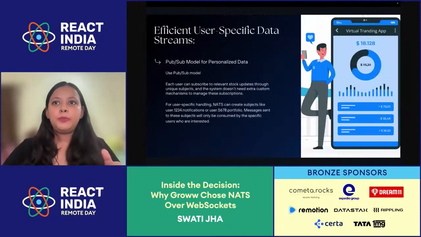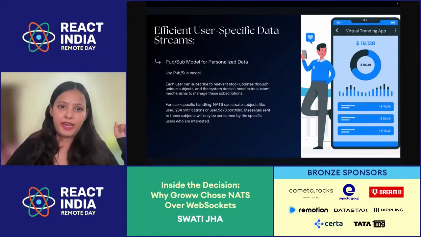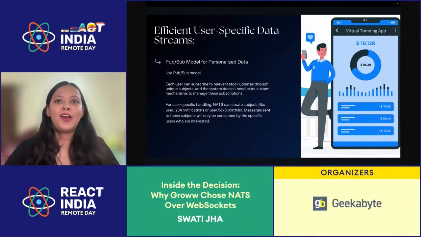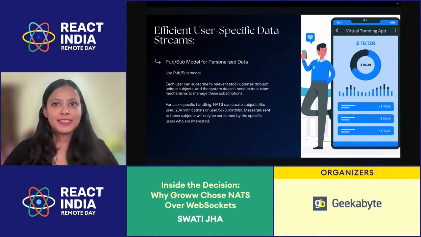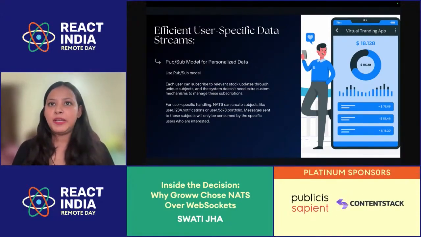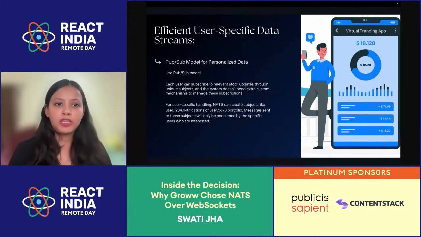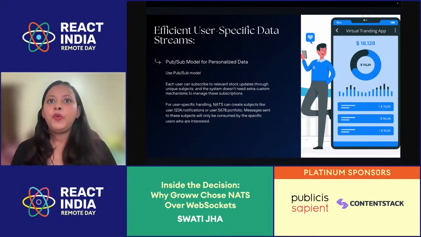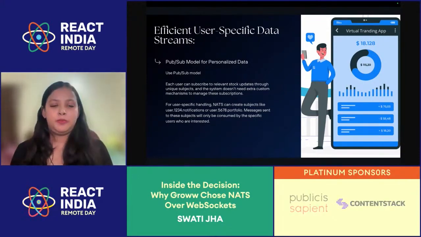Now, the third problem with Kafka and Gorilla WebSocket was complex user-specific handling. Remember that? In this case as well, NATS stands out because NATS follows the pub-sub model for personalized data. Means a publisher can send messages to a subject without needing to know which subscribers are listening to that subject.